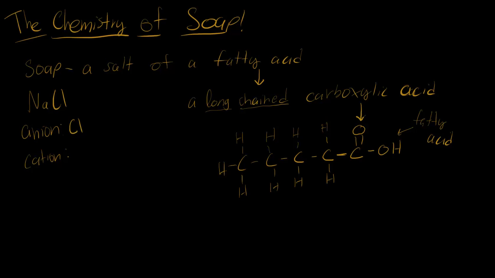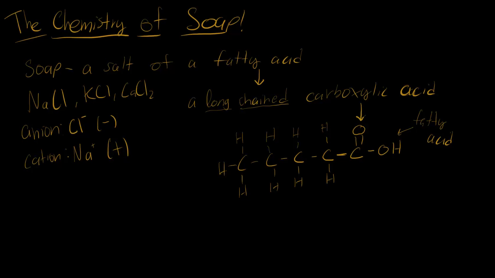In the case of sodium chloride, it's the chloride ion, which has this negative charge, and the cation in sodium chloride is sodium, which has a positive charge. So it doesn't have to be sodium chloride. You can have other salts like potassium chloride or calcium chloride. These are all salts.